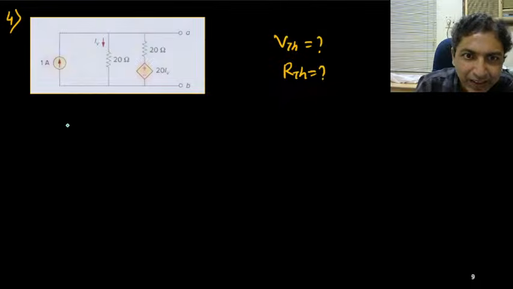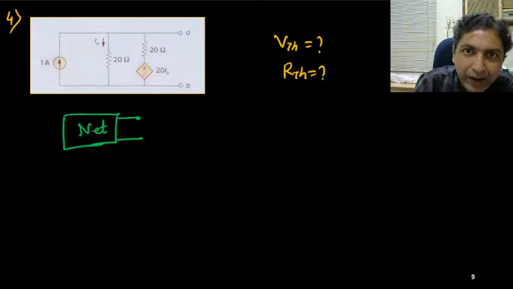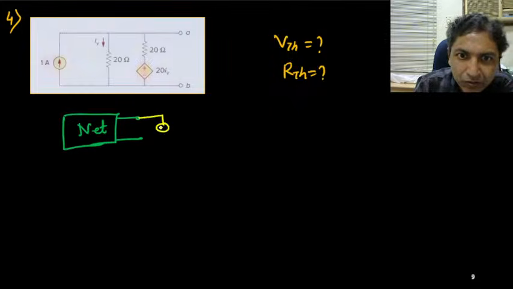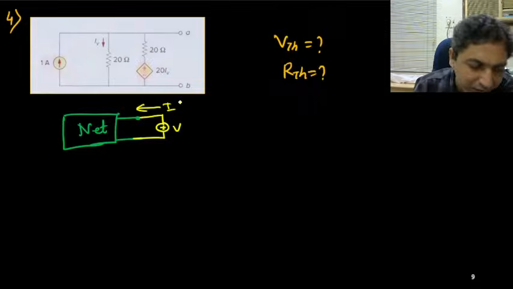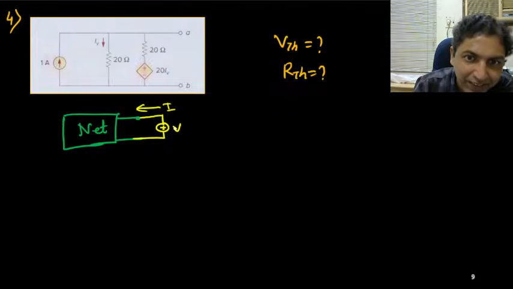What is this? If you have a network, and if you connect a source V, and if you assume that the current supplied by the source is capital I, then try to find out a relation between V and I. You will be getting one linear relation.